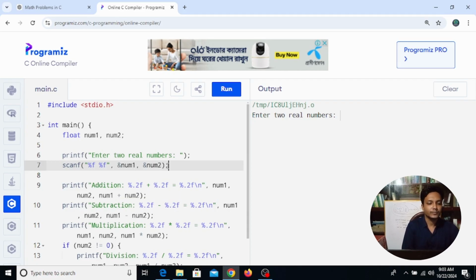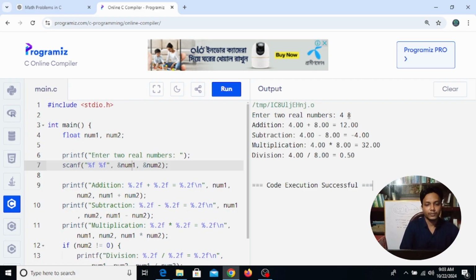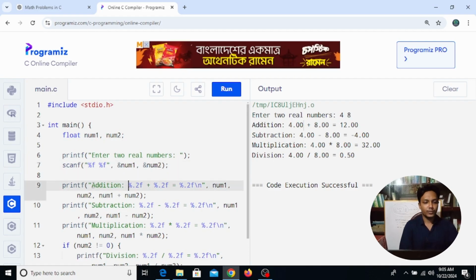Okay, so we will put two numbers like 4 and maybe 8. Okay, so you see addition 4.00, because we are taking two digits after the decimal, right? Inside of this double quotation, whatever we write, you see, we wrote addition and these format specifiers.